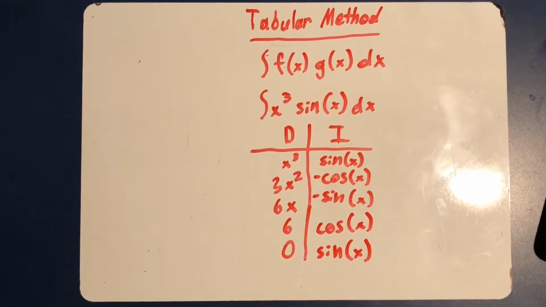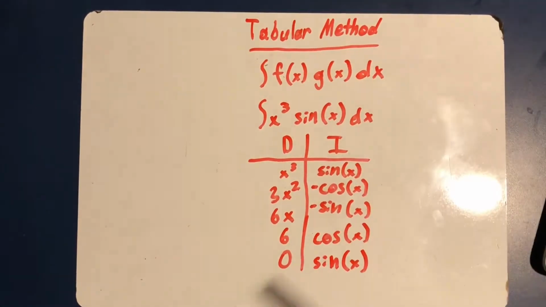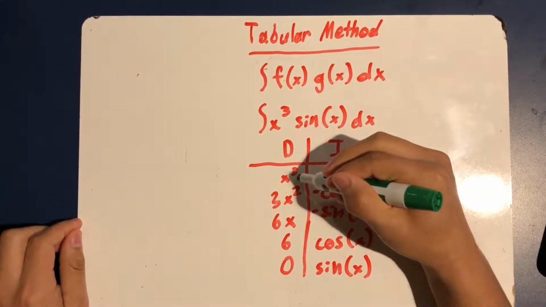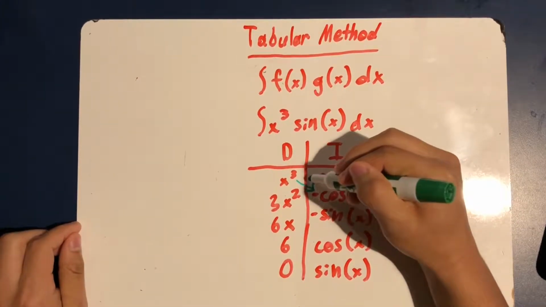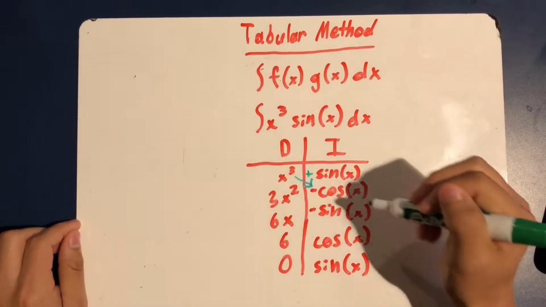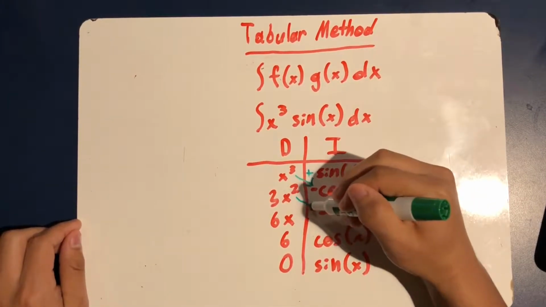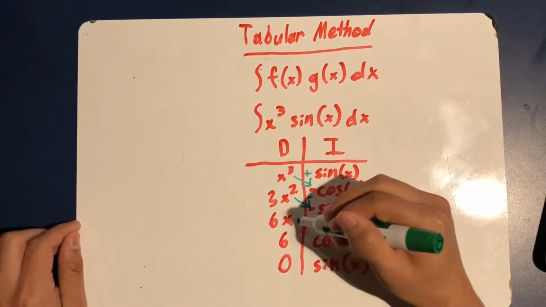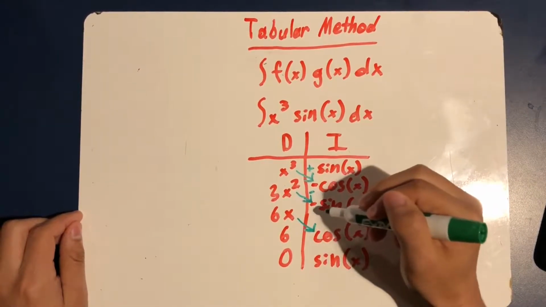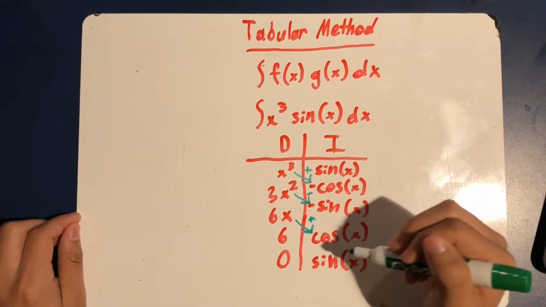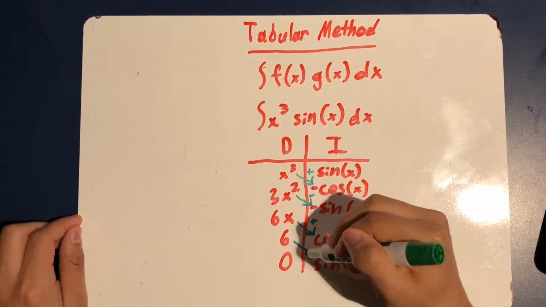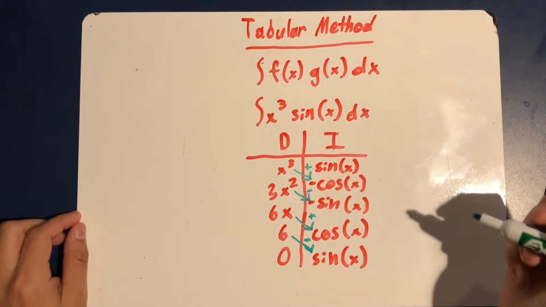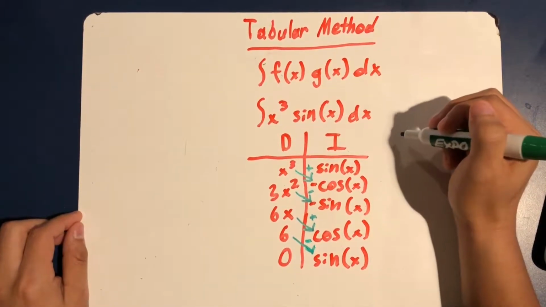The next step in this process is that we begin to multiply diagonally. So we start with the derivative x cubed times negative cosine x, and we continue diagonally this way throughout the whole chart. We'll also be multiplying both these functions by positive and negative alternating. So we start with positive, alternate to negative, go back to positive, so on and so forth.